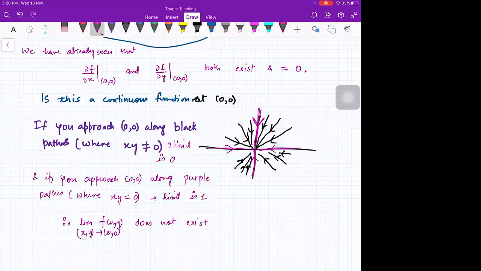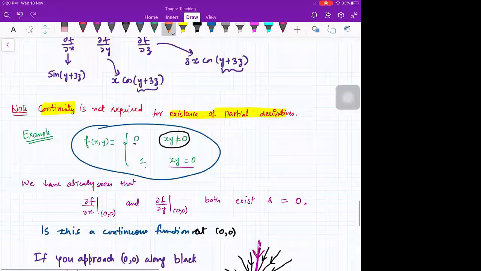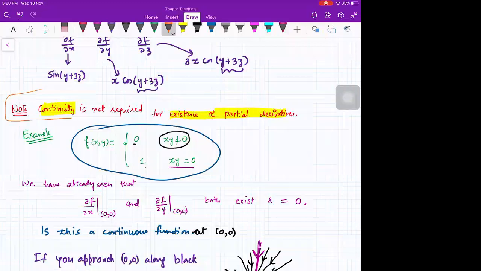Therefore, this function is not continuous at (0,0). This is an example where your function is not continuous, but the partial derivatives do exist. So note that continuity is not mandatory for the existence of partial derivatives. Is that okay?